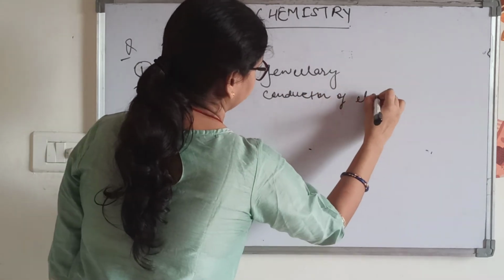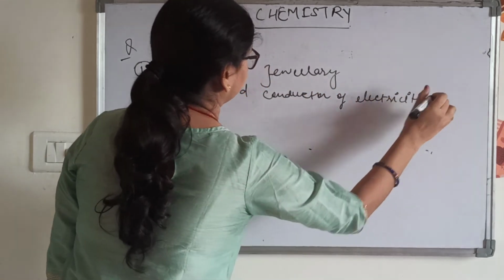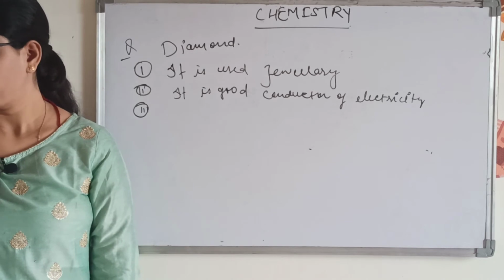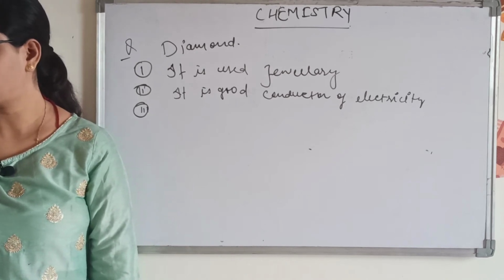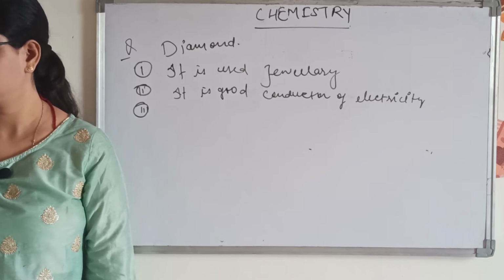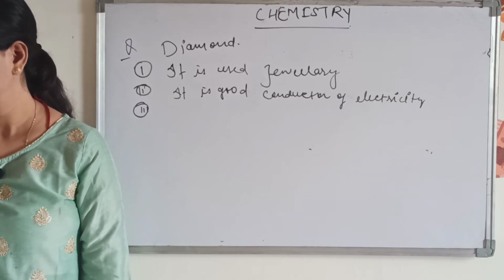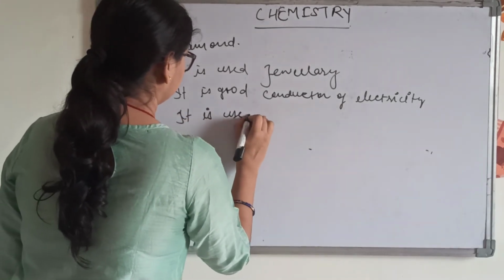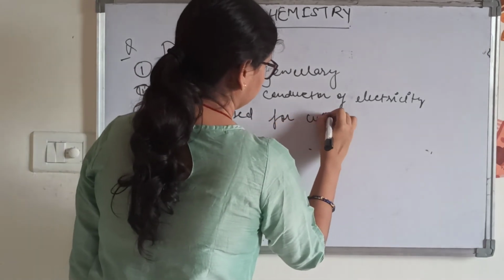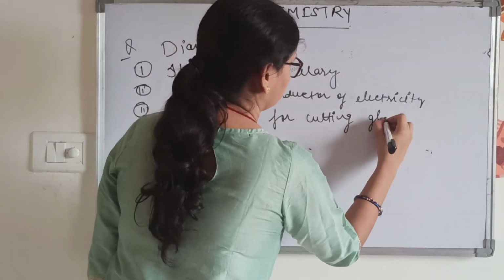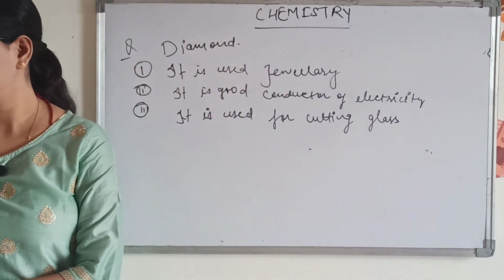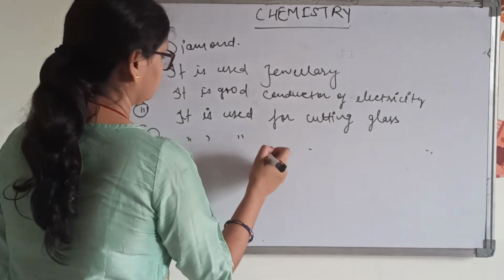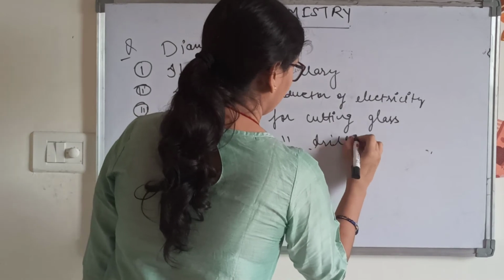The third option is, it is used for cutting glass. Then next is, it is used for drilling rocks.